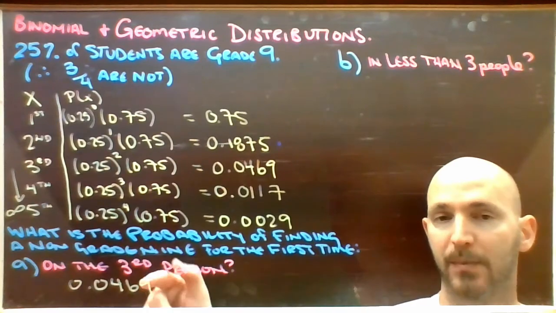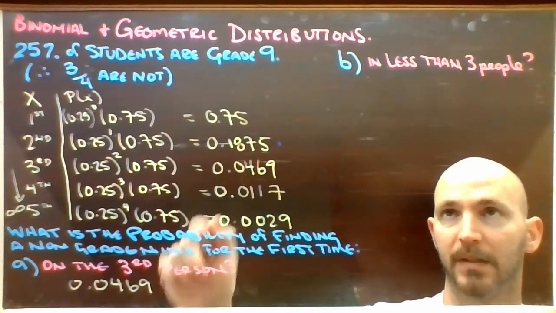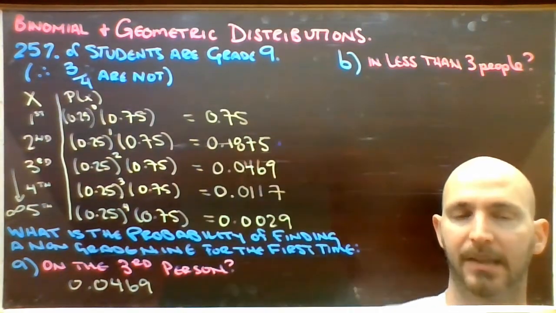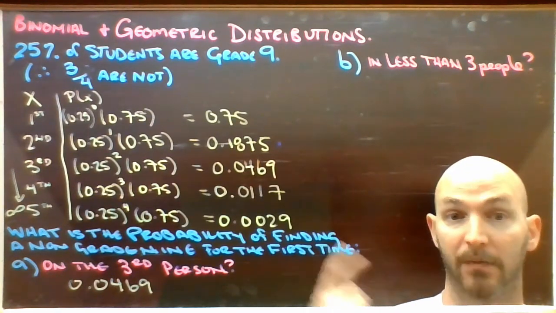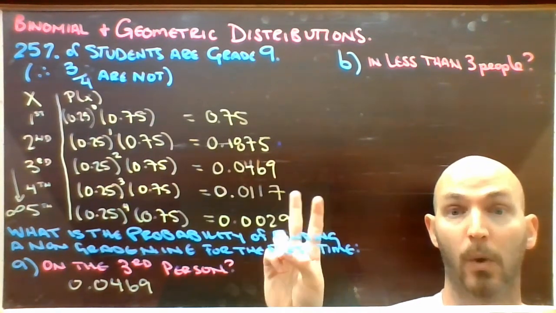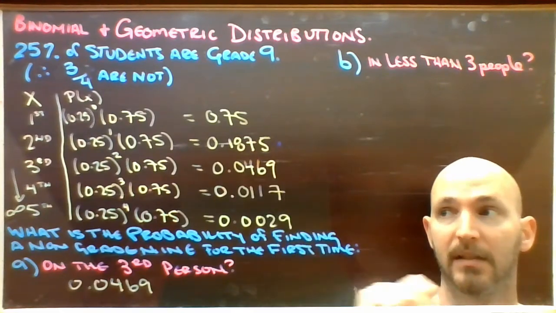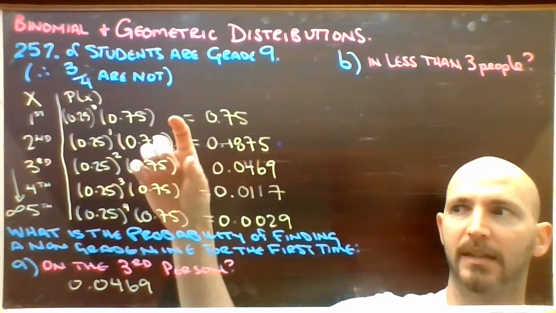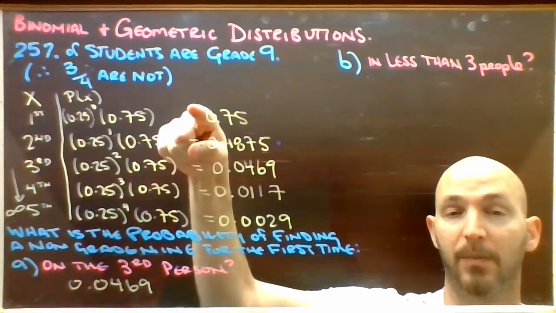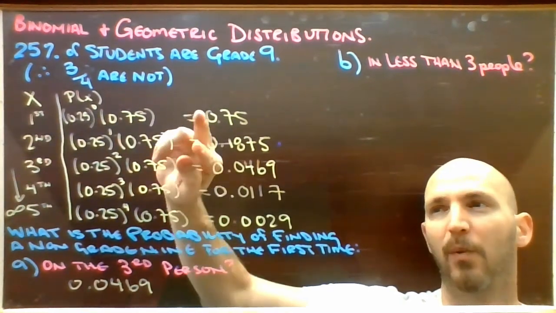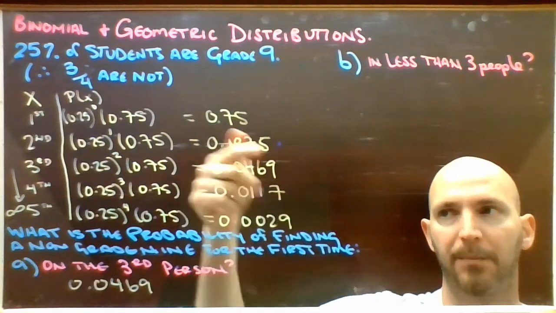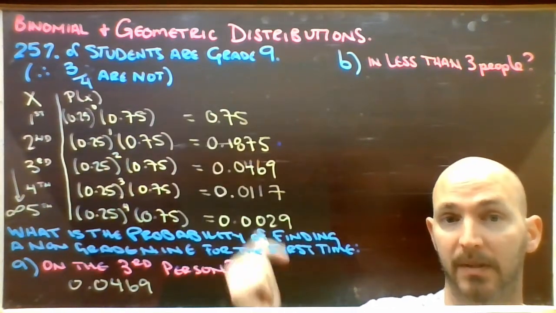So notice this was on the third person, and this is in less than 3 people. So less than 3 people would be the first person you ask or the second person you ask. So if I look at that in the table, it could happen this way or it could happen this way. So when you say that word or, it means you have to add those probabilities together.